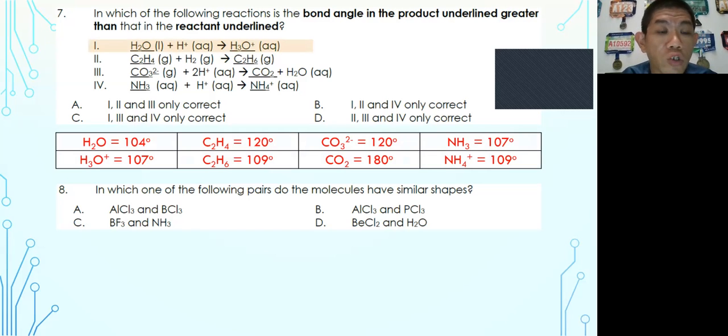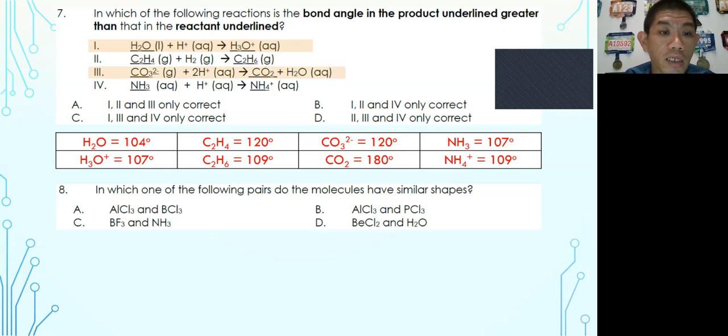And then in number 2, you have C2H4. C2H4 is trigonal planar, while C2H6 is tetrahedral. So the angle becomes smaller, so which is not in our choice. In number 3, CO3 2 minus is trigonal planar, while CO2 in here is linear. So it's 180 degrees. So number 3 is our answer.